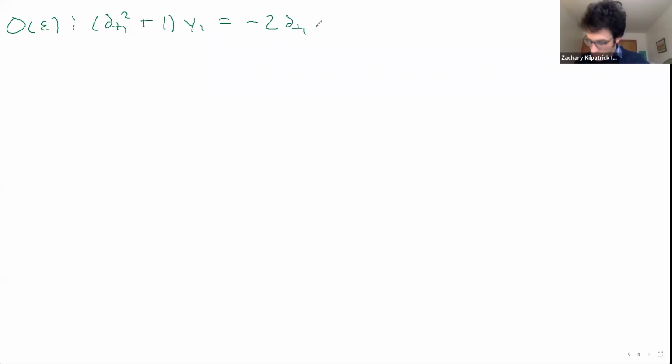So 2 d1 dt2 y0, it's going to be an inhomogeneous term, minus lambda dt1 y0, another inhomogeneous term, minus kappa y0 cubed, another inhomogeneous term. And now for the forcing, right?